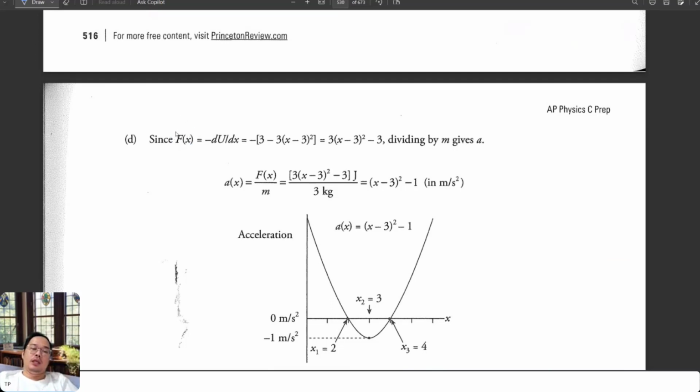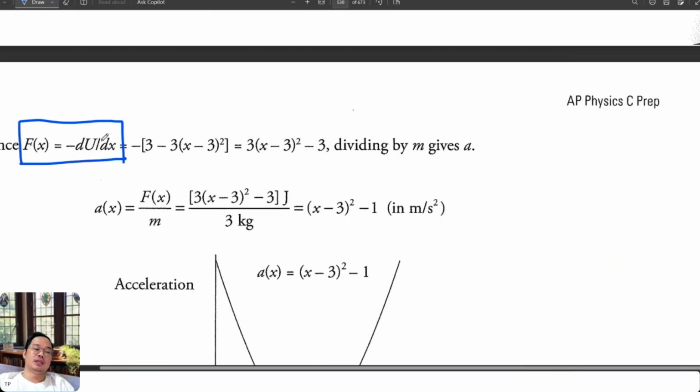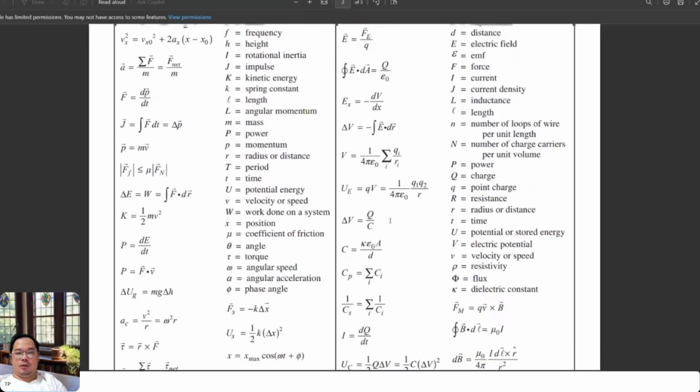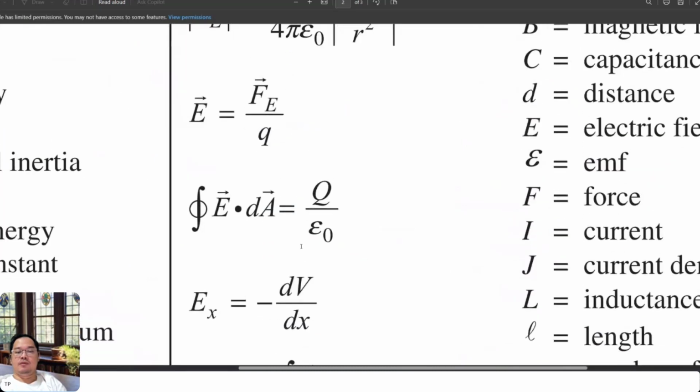So one more thing that you have to remember is the relationship. Differentiation of the potential energy with respect to position x is the resultant force. Yes. Let's check if the formula is given in the booklet. No, I don't see it. Okay, here. Minus dV over dx.